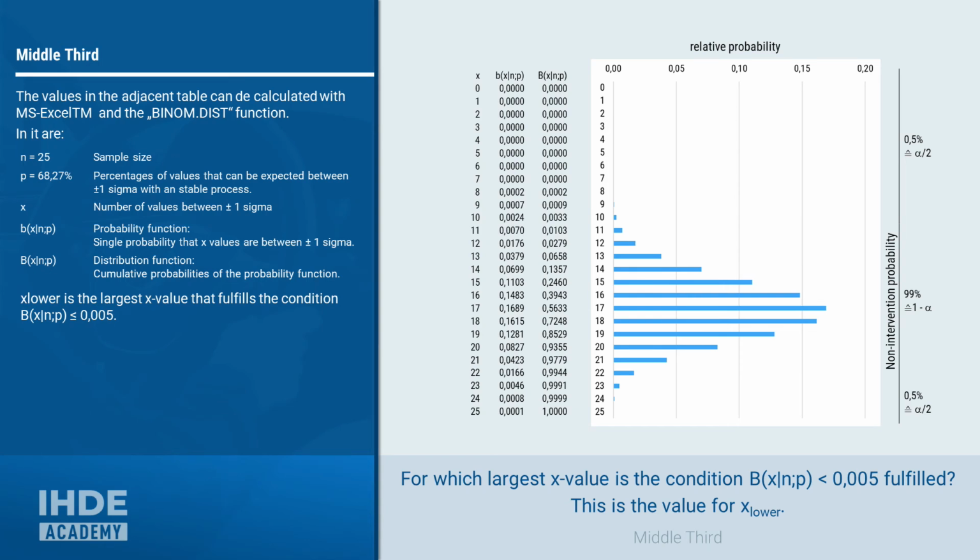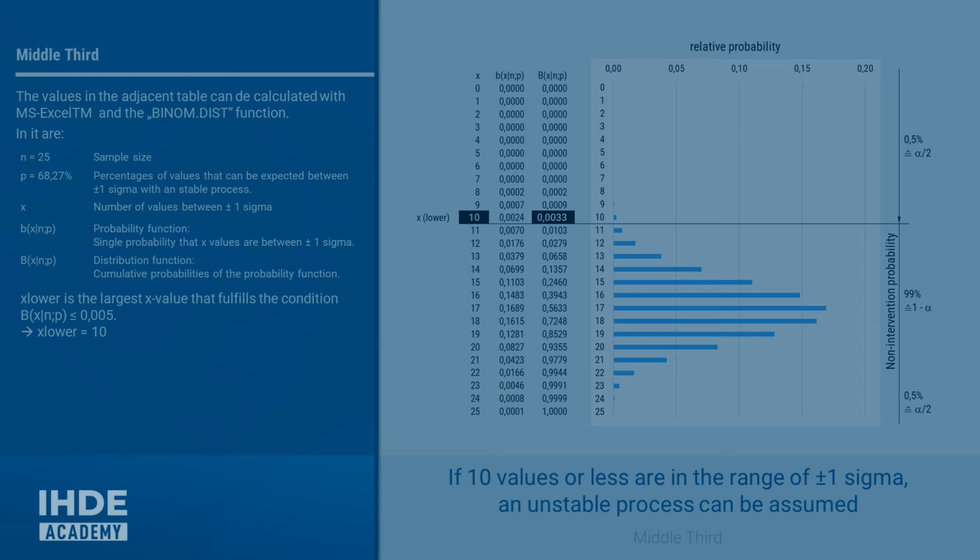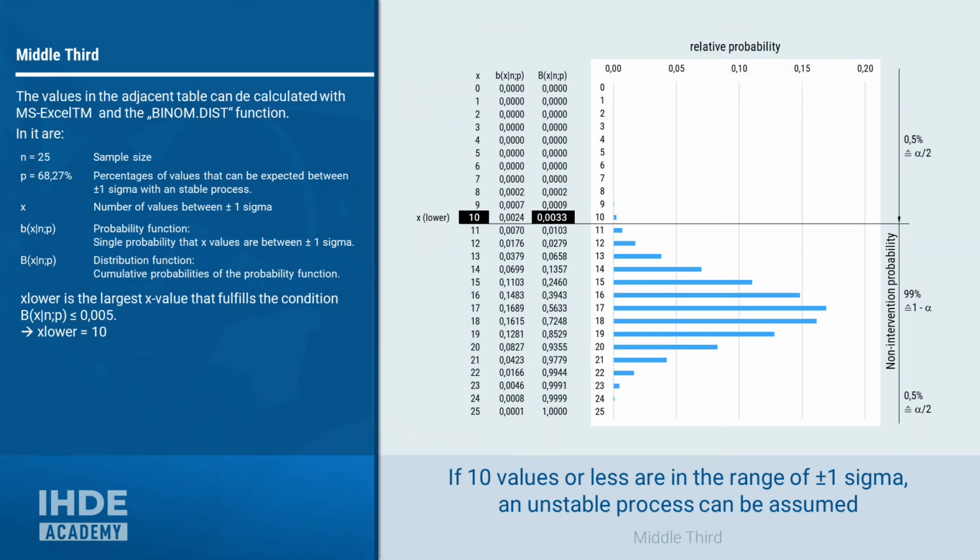The question for the lower limit is now, at which largest number of values x the condition is met for the first time that the cumulative probability, large B, is less than 0.005. As marked in the table, this is the case for a number of 10 values.